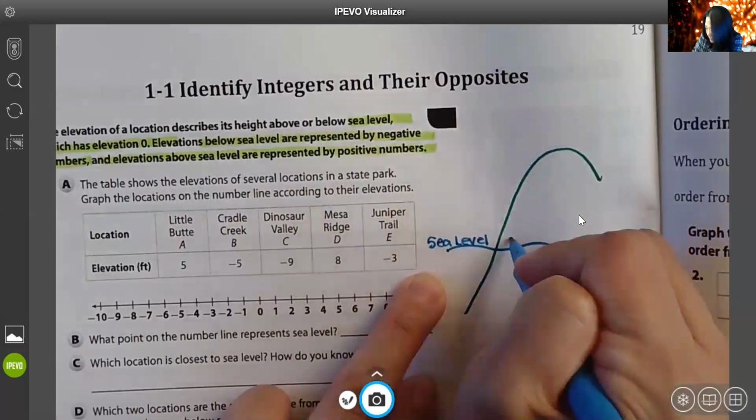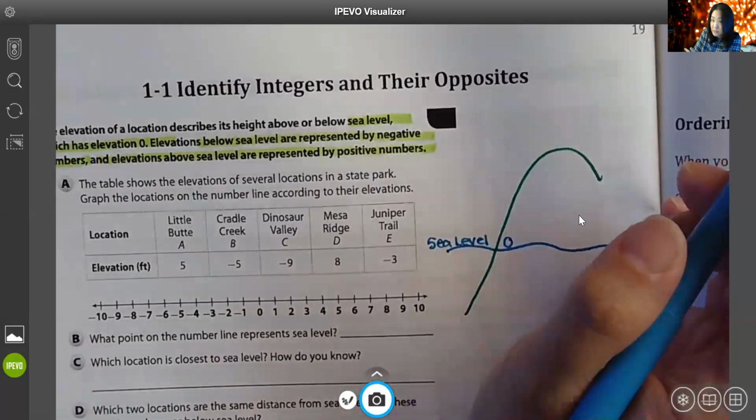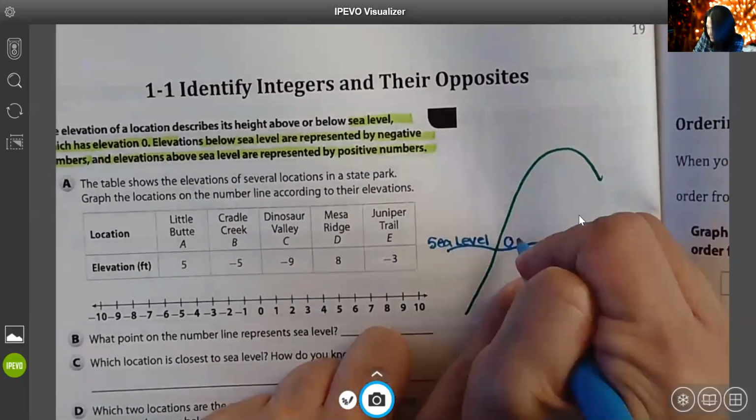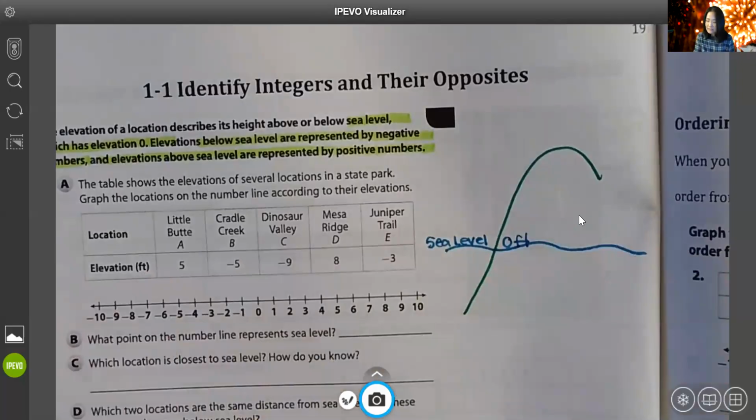And this is always 0. In this case, 0 feet, because the unit that we're talking about here is feet.